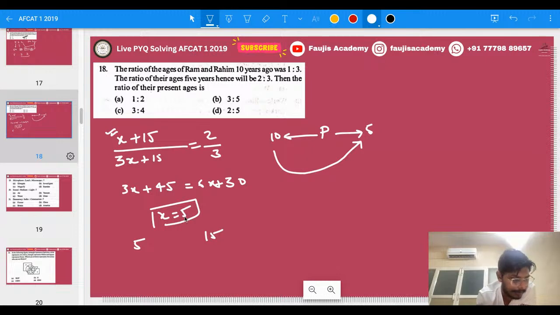So what will be their ages right now? It will be 15 and 25. That means 3 is to 5. So 3 is to 5 will be the answer to this particular question, guys.